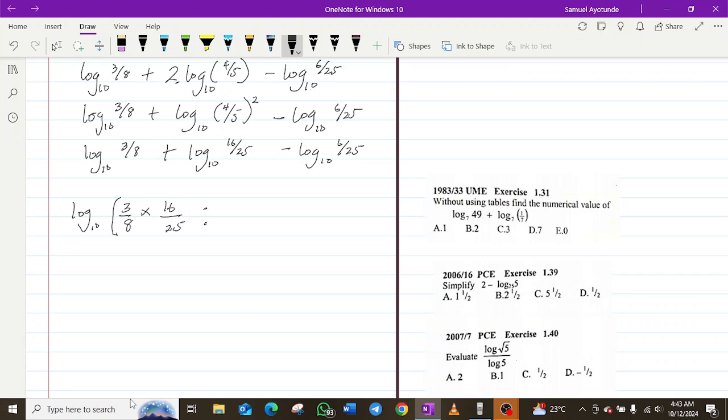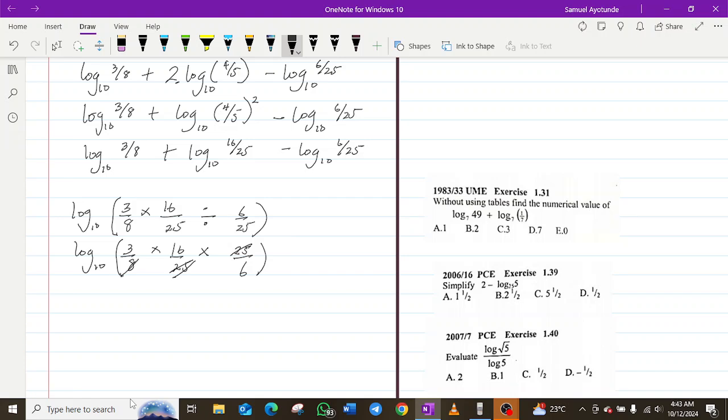So we divide with the argument 6 over 25. So from here we have log of 3 over 8 times 16 over 25. Then we change division to multiplication while the fraction will be reversed. So 6 over 25 will become 25 over 6. So from here we divide. 25 can take out 25.